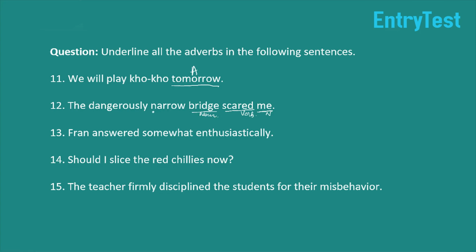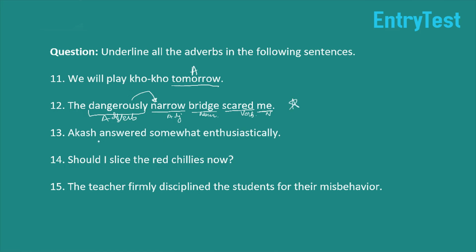That it is a narrow bridge. So it's an adjective. The quality of the bridge is that it is narrow. Now who is modifying narrow? It is modified by dangerously. So dangerously is my adverb here, because it is telling me that it is narrow, but how narrow? It is dangerously narrow. So dangerously is modifying the adjective narrow here. I hope this is clear.